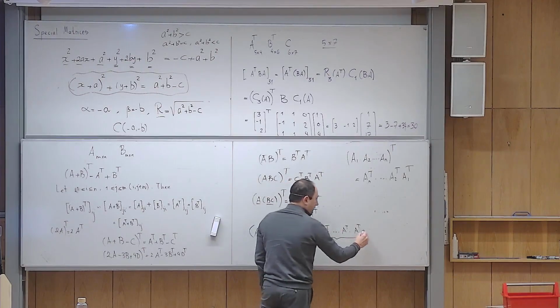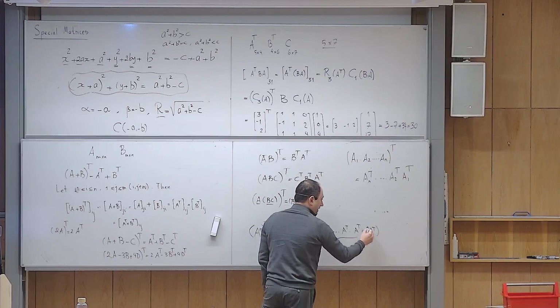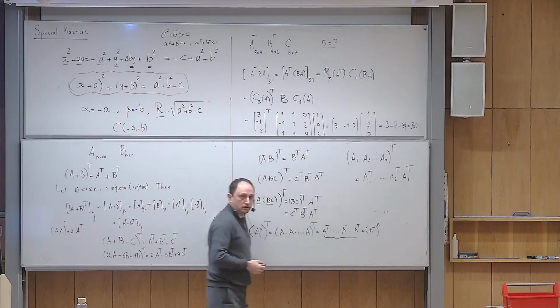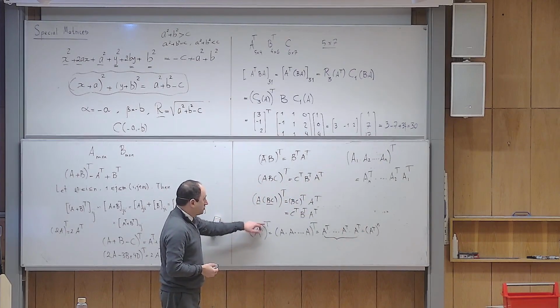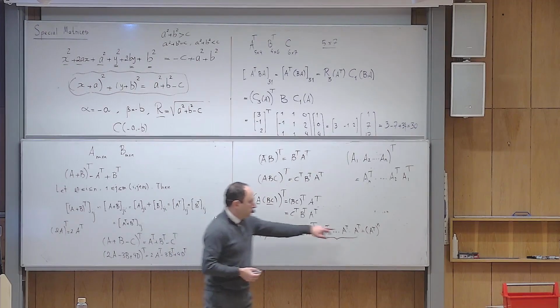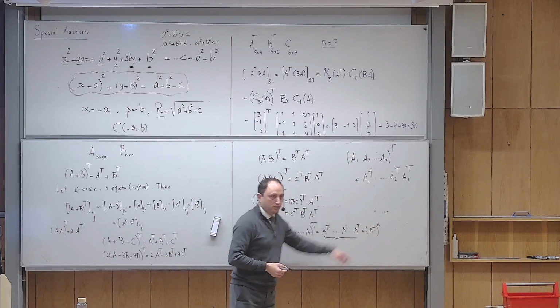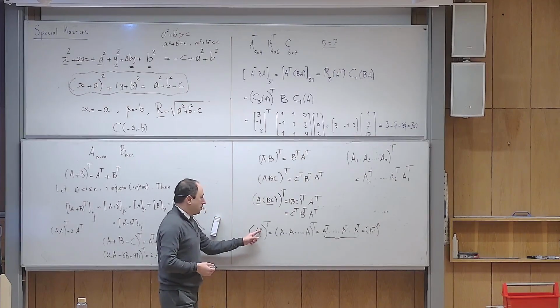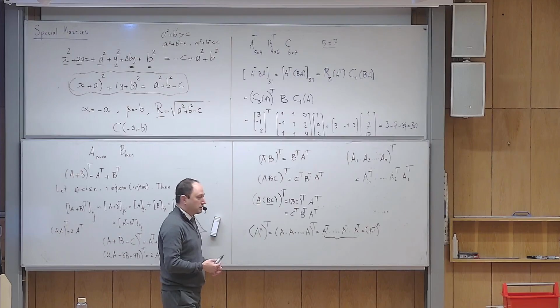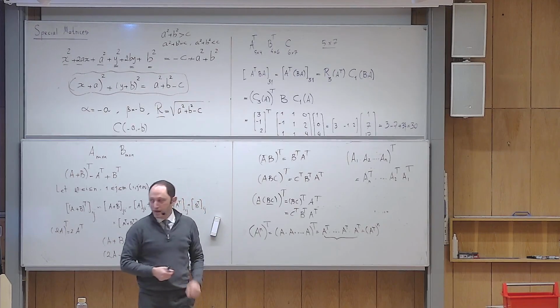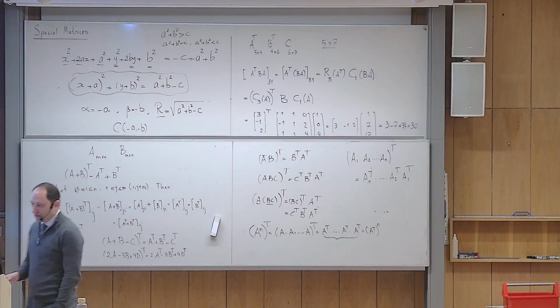So another name for this is A transpose to the power n. So this means that (A^n) transpose is equal to (A transpose)^n, which is not trivial. So the operations of raising to a power and transposing are commutative. It doesn't matter which one you apply first.